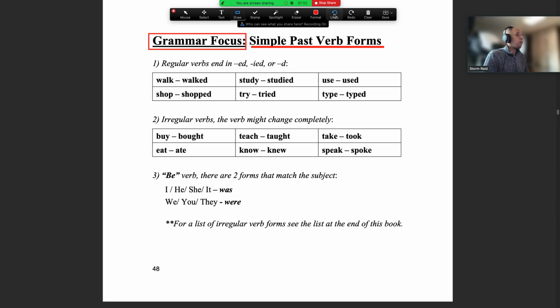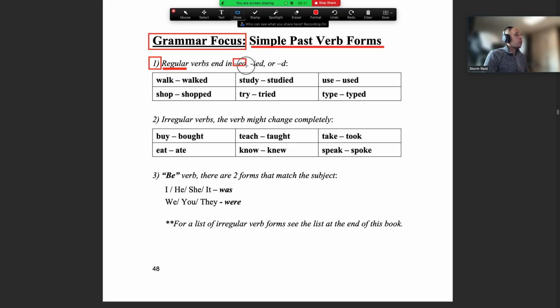Now, scenario one. Scenario one is I want to use a regular 일반 동사, right? I want to use a regular verb. Okay, so if I use a regular verb, then how do I make my regular verb 과거? How do I make it the past tense, all right, or past form of the verb? How do I do that?